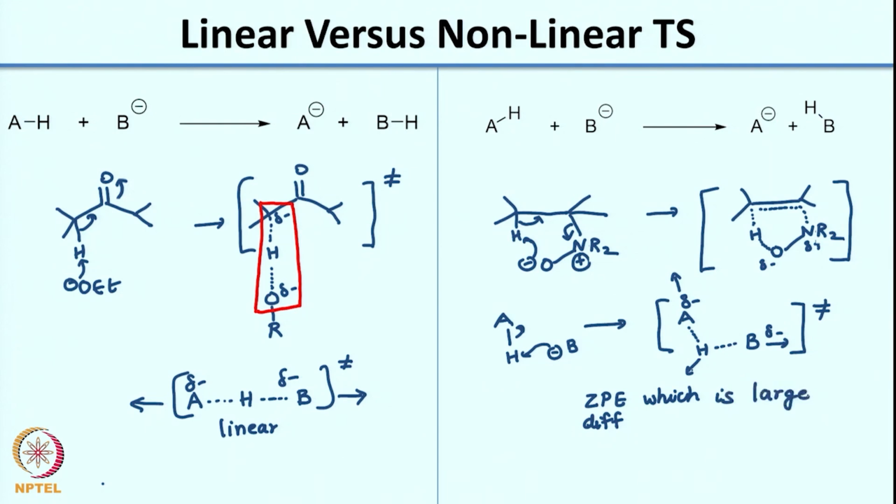So now when you look at the reaction coordinate, you have reactants as well as transition state with a large 0 point energy difference, which is why the kinetic isotope effect observed will not be as pronounced. So you still see a primary kinetic isotope effect of 3, but it is not as pronounced as when you have a symmetric linear transition state.